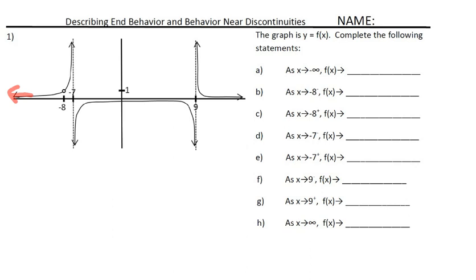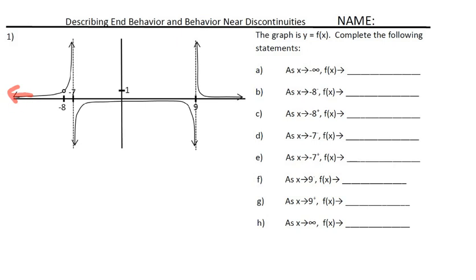All right, this is going to take a little while, but we'll do what we need to get you the hang of this. Now I'm going to answer the last question, question H. Anytime we ask about x going to positive infinity, we're looking at the right-hand end of the graph. As you look at the right-hand end of this graph, what's it doing?